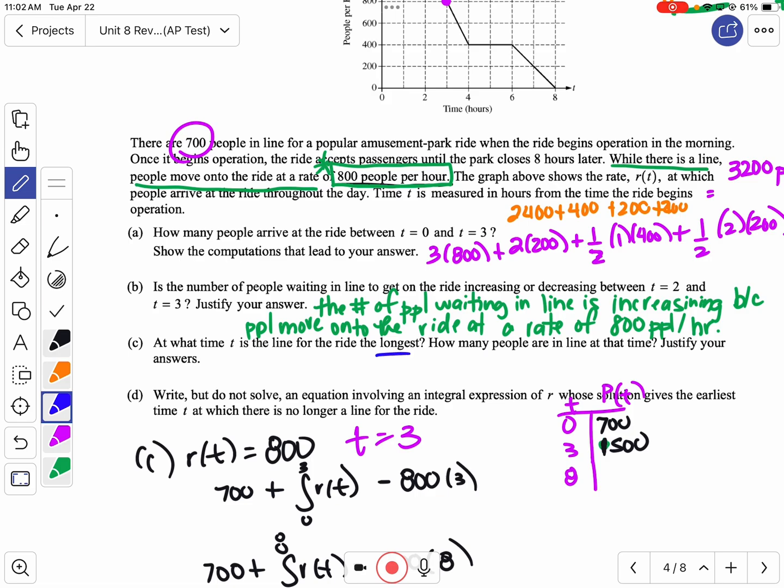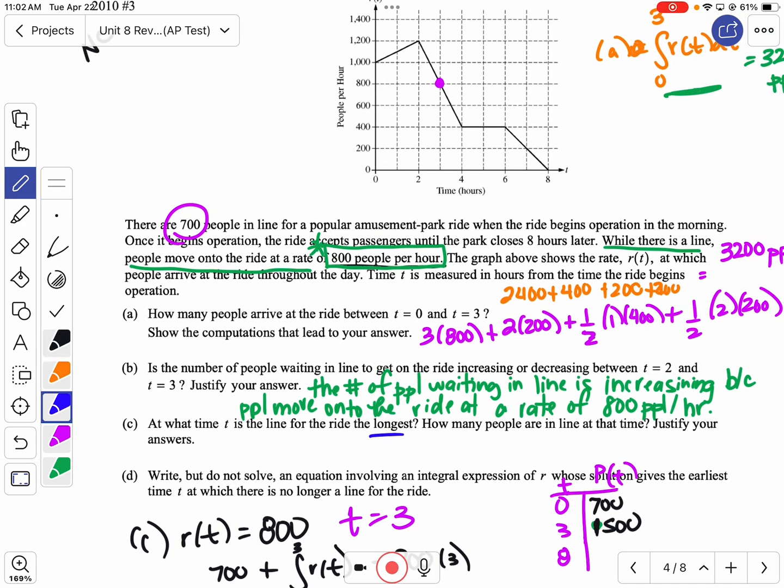It'd have to be our maximum. But we can figure it out. We already know 0 to 3. We could figure out the rest. That last one's a trapezoid. So if I do those parts, 1/2 times 1 times 4, so 200. And then this one, 1/2 times (1, 2, 3, 4, 5 plus 1, 2, 3) and my height, 400.